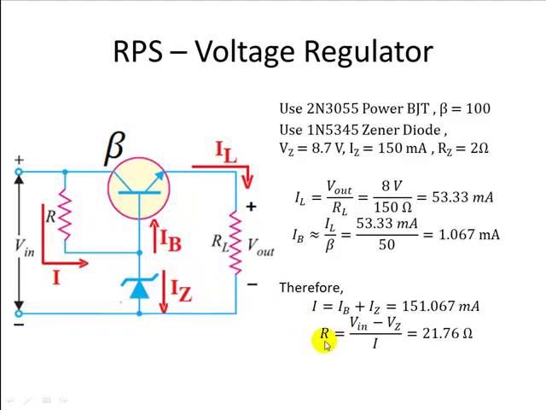So with these data I can calculate the value that is required for resistance R. R can be calculated as Vin minus Vz divided by the current flowing through R, that is I. So if I substitute all the values, 12 minus 8.7 divided by 151.067 milliampere, I'll get 21.76 ohm for the value of this R. So this completes the design of the voltage regulator part.